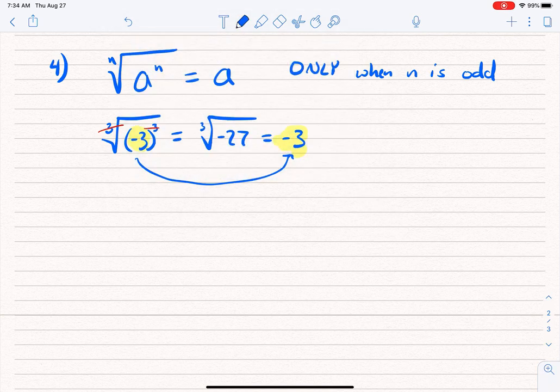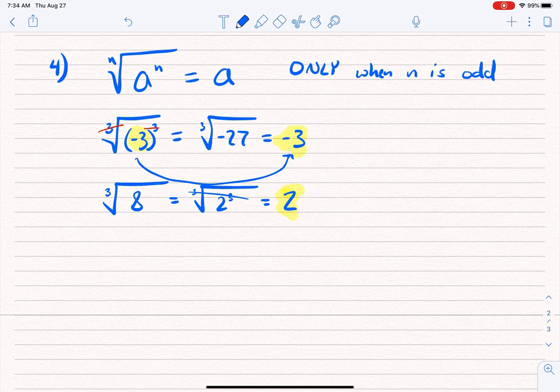It's not just exclusive to negative values. If I had the cubed root of 8, that is the same thing as the cubed root of 2 cubed. The 3's cancel out, and I'm just left with 2. There you go. So, now that works for when n is odd.